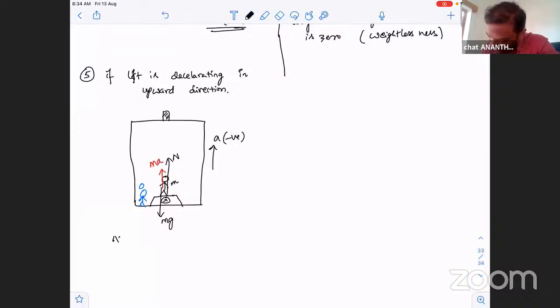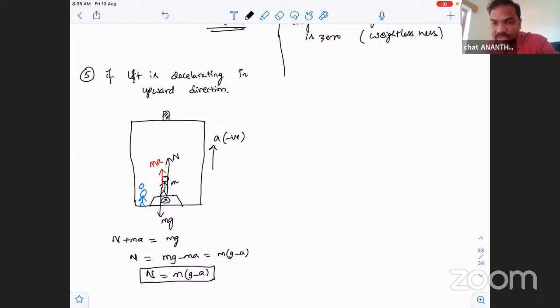You have to balance the forces. So N plus ma is equal to mg, so N is equal to mg minus ma, which is m into (g minus a). That is the apparent weight, or the reading of the weighing machine. So this is the fifth case.